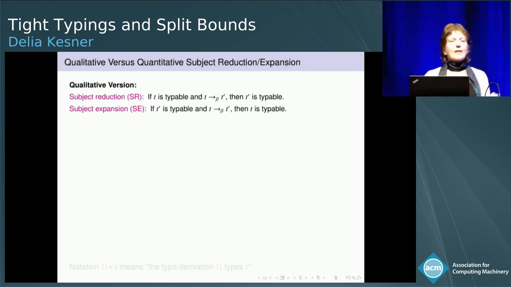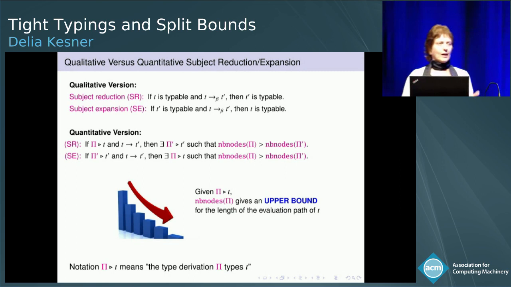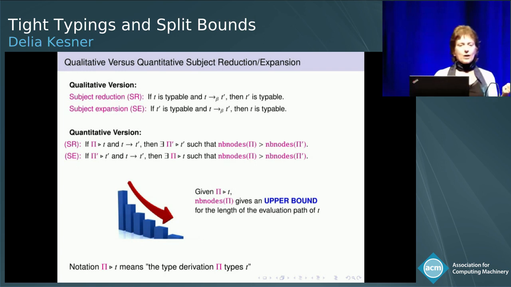Subject expansion says that typability is stable by anti-reduction, while subject reduction says that typability is stable by reduction. So when you want to interpret this in a quantitative world, you still have stability of typing by reduction and anti-reduction, but you also get a measure. And the measure is given by the typing tree derivation. So the quantitative version of subject reduction and subject expansion gives you a measure which is strictly decreasing.